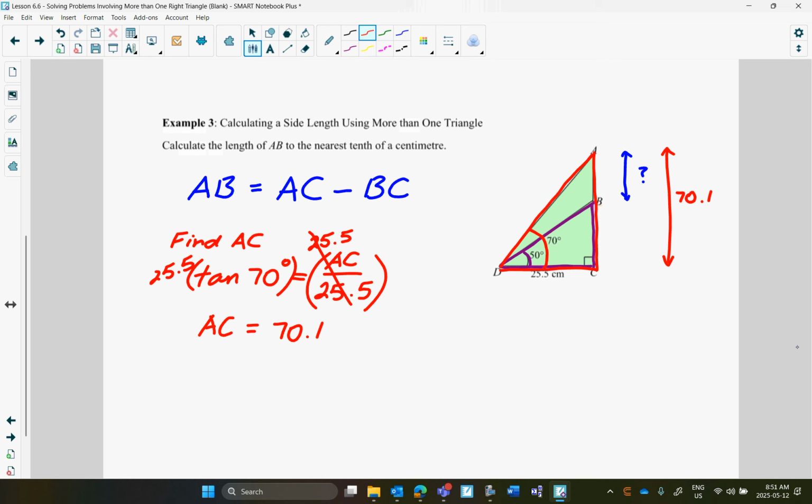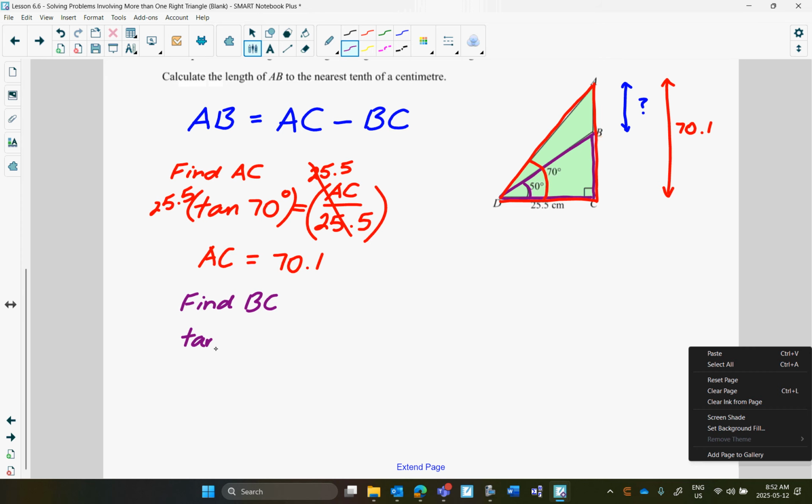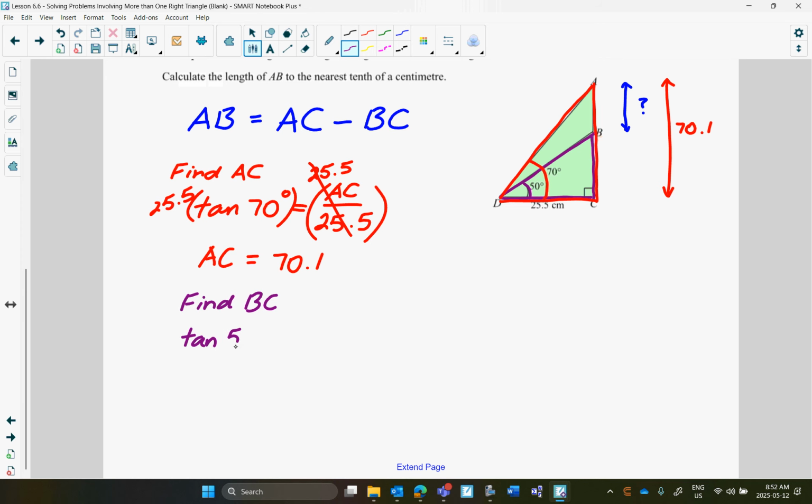And now, focus on the smaller right triangle that has an angle here of 50 degrees, and use that to find BC. It's going to be tan again, but this time tan 50 degrees equals BC over 25.5.